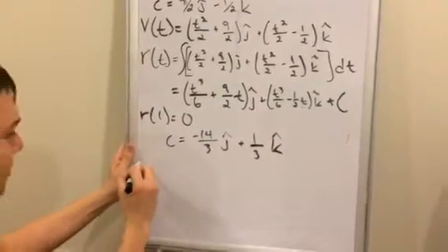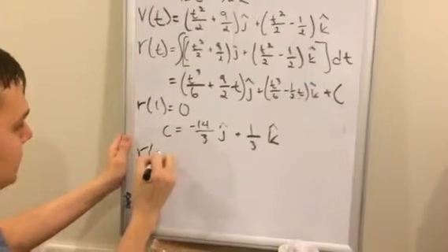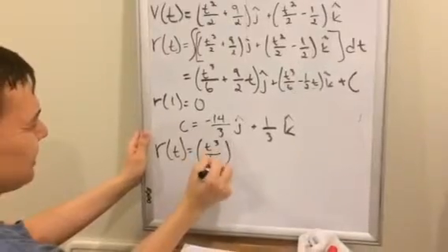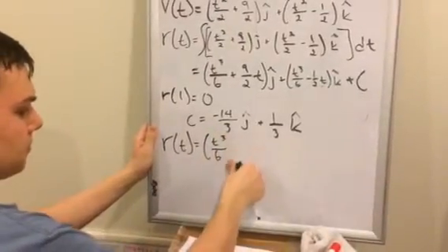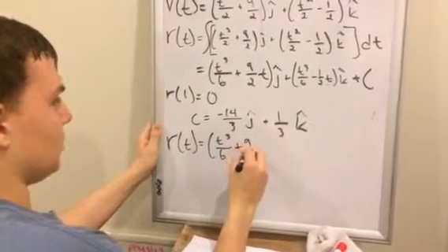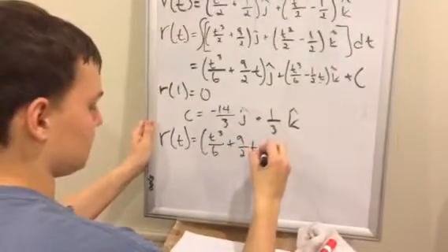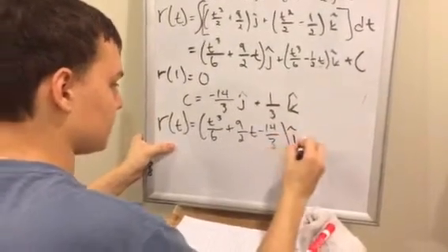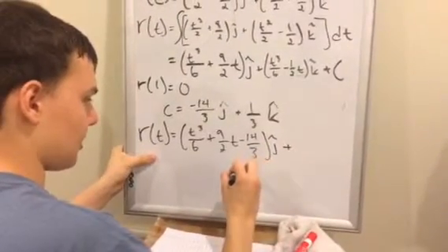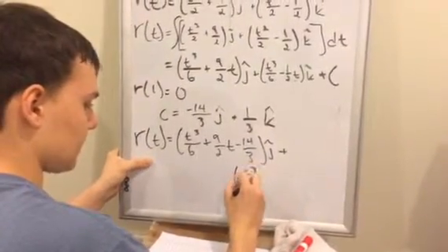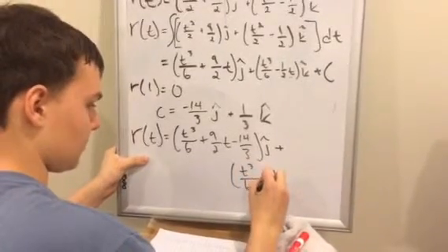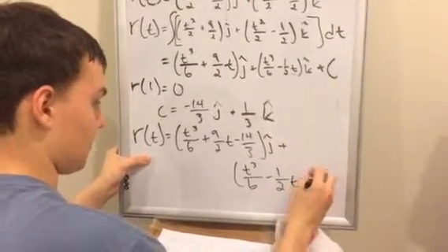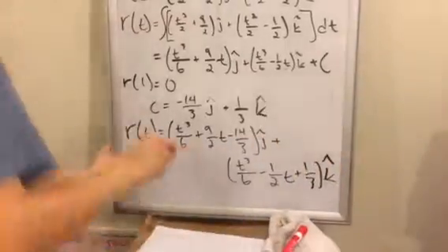And then we have plus 9 over 2 t minus 14 over 3. That's our j vector plus our k, which has to come out as k.